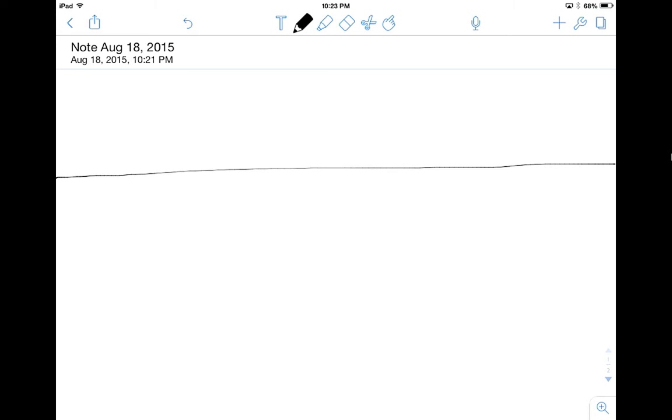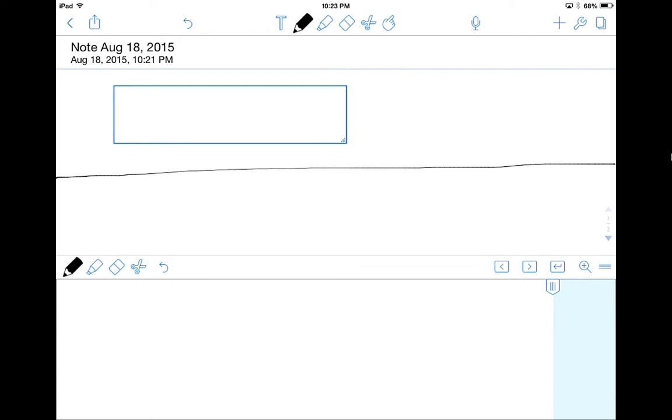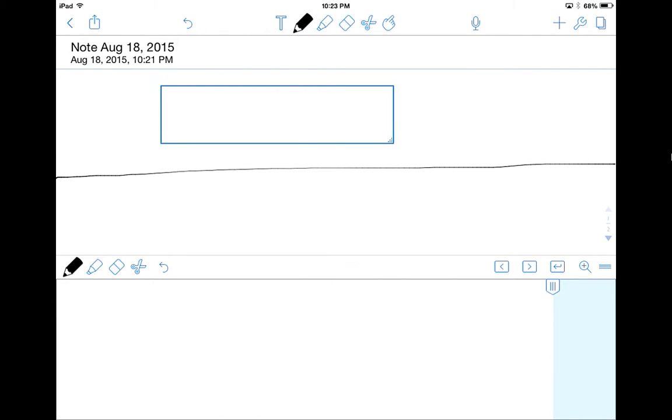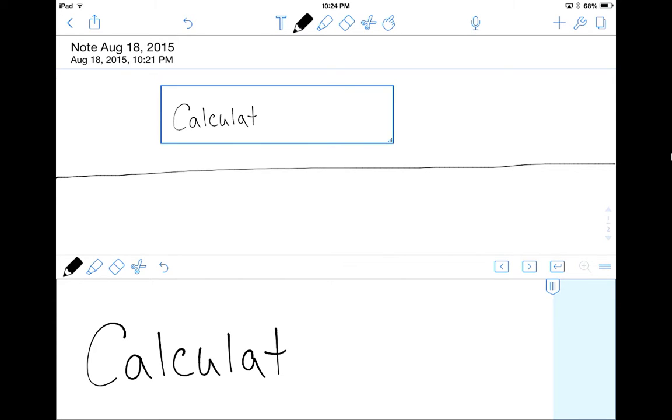Our title for today, and you will see me do this on my program here. I'll pull up this little box that you can see, and then down below I'm going to write, and you'll see it show up. The title of today's notes is going to be Calculating Velocity.